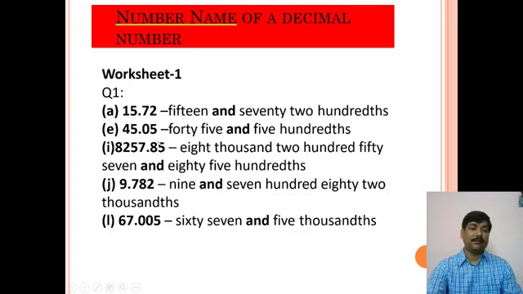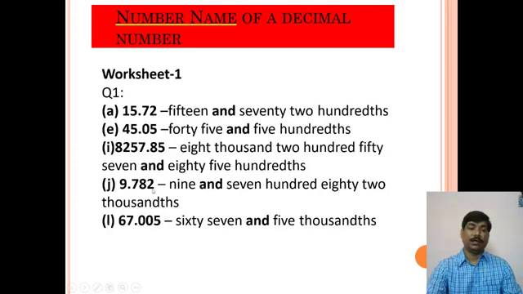So in this way, this number will be 8257 and 85 hundredths. In this number, the whole number is 9, so we write 9, and this number is written up to the thousandths place on the right.